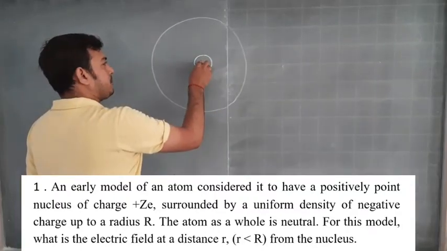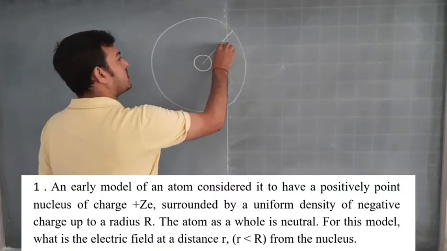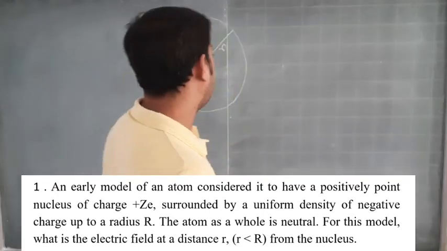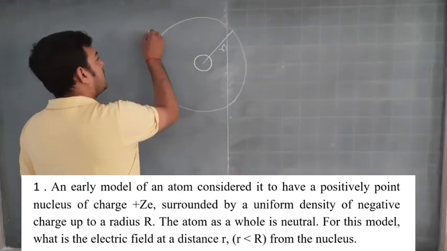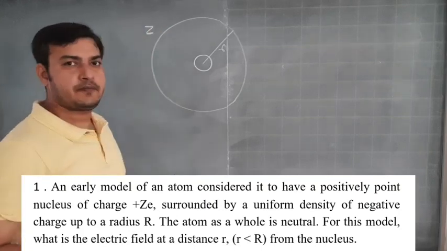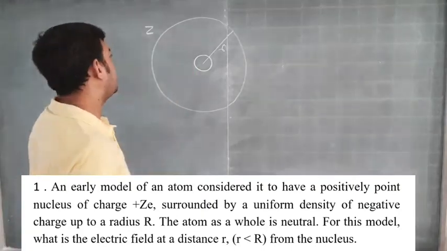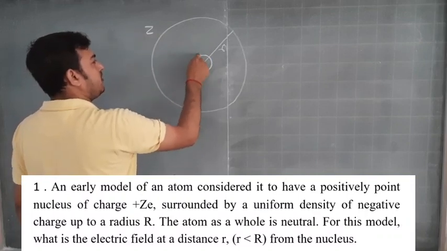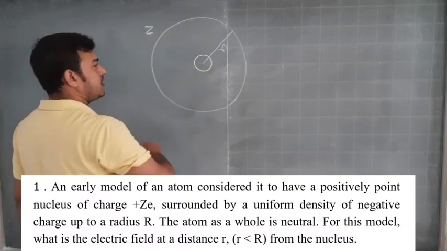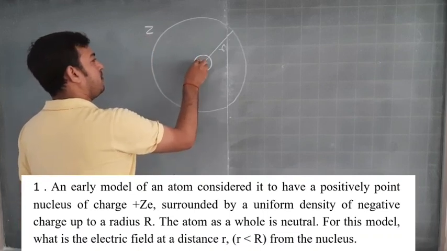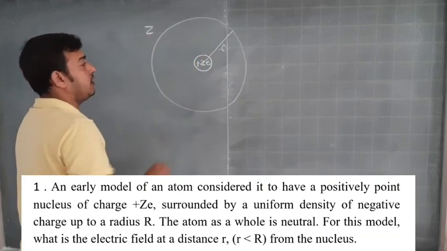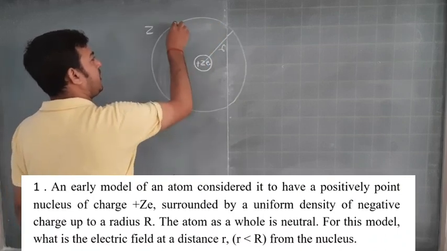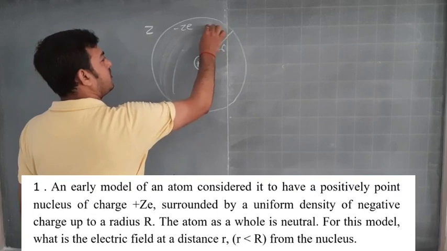Let me take the radius of this cloud, or the radius of this orbital, as R. So if the atomic number of this element is Z, the number of protons inside the nucleus will be Z, and the net charge will be plus Ze. Now the exact amount of negative charge, minus Ze, will be on this cloud.